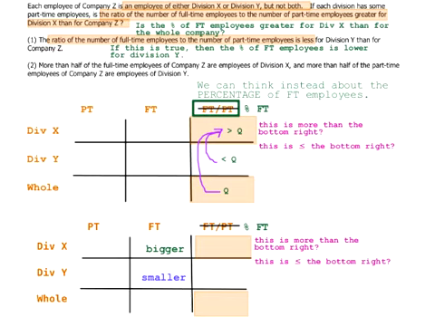The rest of the statement says that more than half of the part-time employees of the company are employees of division Y, which means division Y has more of the part-time people. So this is bigger and this is smaller.